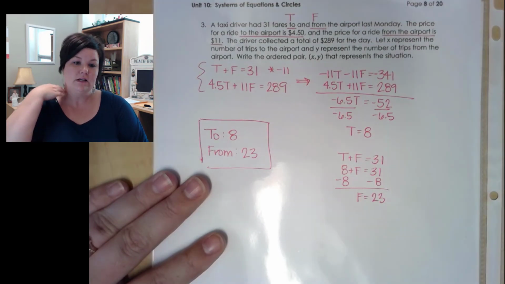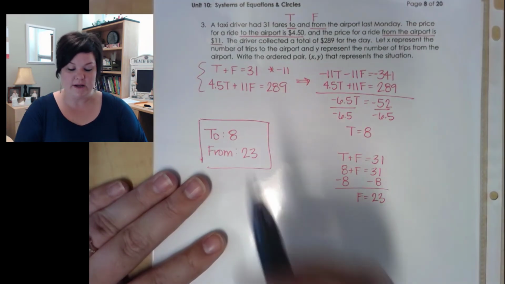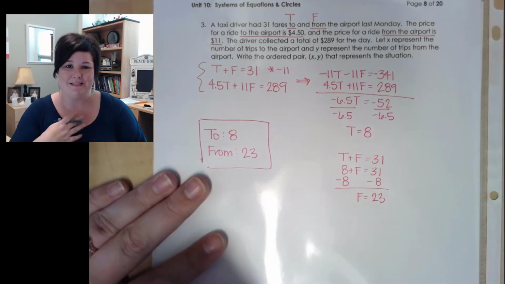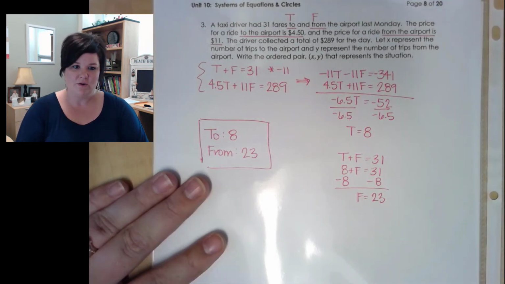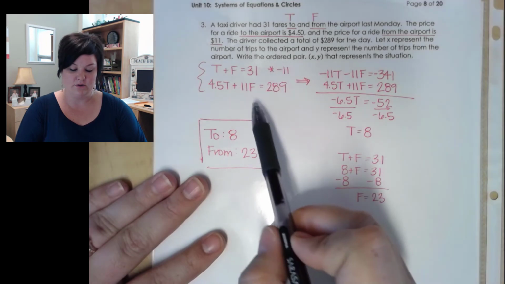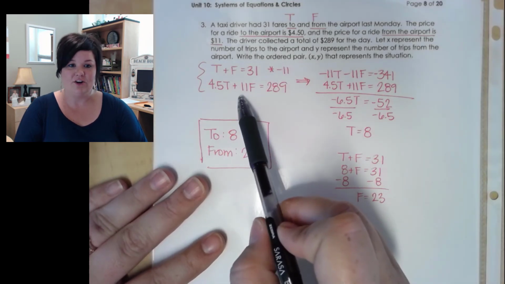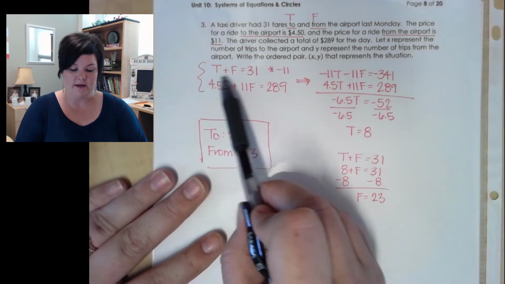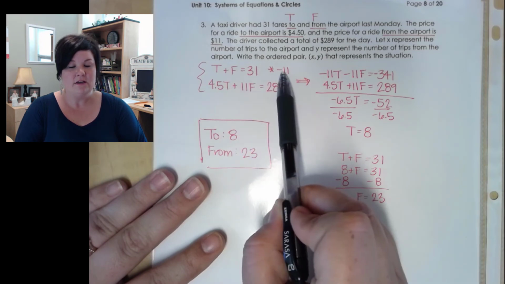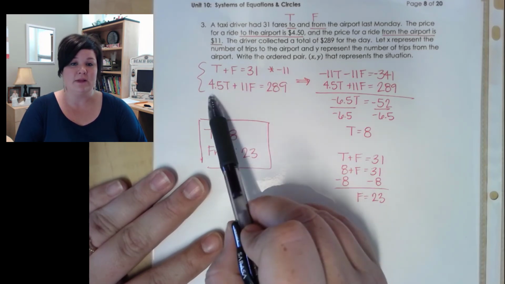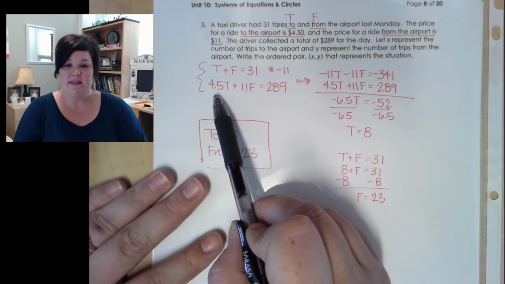Okay. All right, so now that I have my two equations, you can solve it however you like. Like I said before, I prefer elimination, so I went ahead and just cleared the one that wasn't a decimal. So I cleared F by multiplying my first equation by negative 11. If you cleared T by multiplying by negative 4.5, that's fine too.